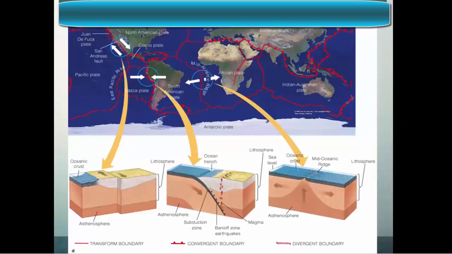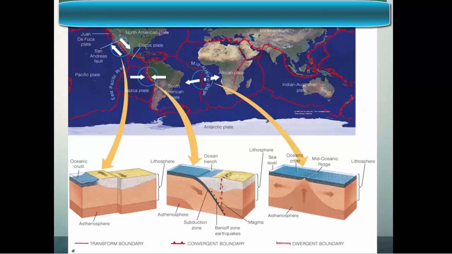All right, Chapter 3 in review. The Earth's crust is attached to the very uppermost part of the mantle, the rigid part of the mantle, into what are known as lithospheric plates. What you're looking at here are those lithospheric plates broken down into all the different plates that exist on Earth's surface.